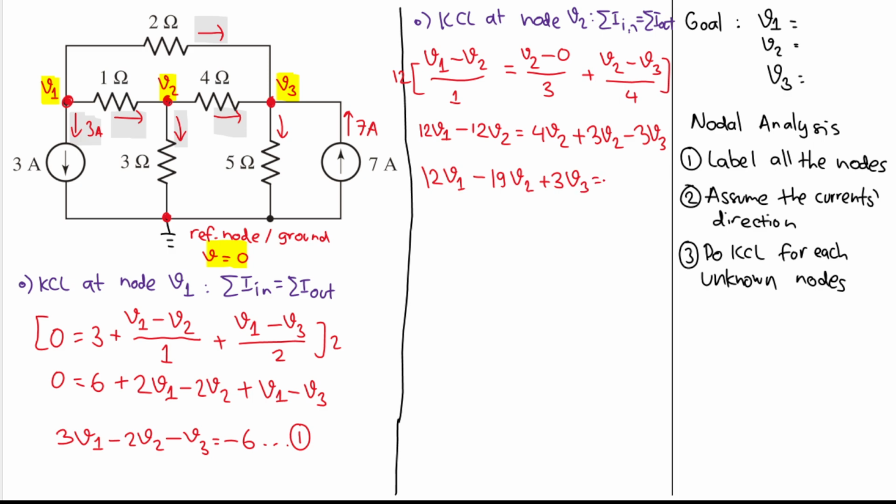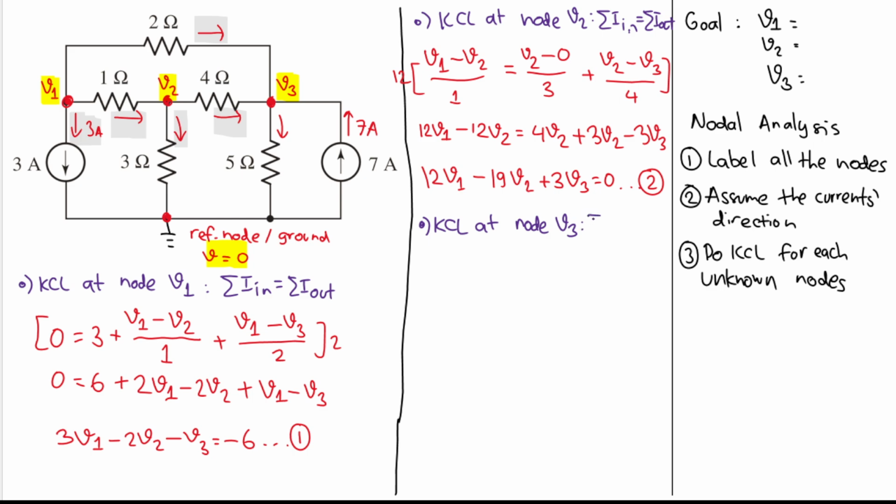Okay, and all of that will equal to 0. And let's have this as equation number 2. Okay, that is KCL at node V2. But then we still need one more KCL, which is at node V3. Let's do exactly that. KCL at node V3.